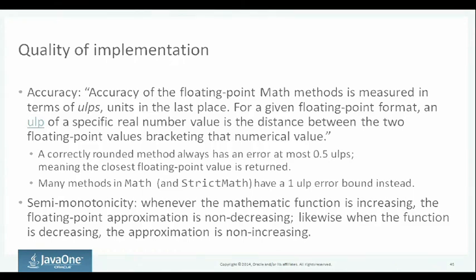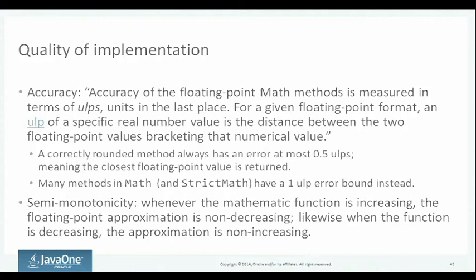Now, most of the methods in Math and StrictMath don't have a 1/2 ULP error. Instead, they have a 1 ULP error bound. What that means in practice is that you can return either of the floating point numbers which bracket the true result. Now, often just that gross error bound isn't enough to be useful. We need something called a semi-monotonicity requirement. Often it's important to approximate the properties of a function rather than just the values.